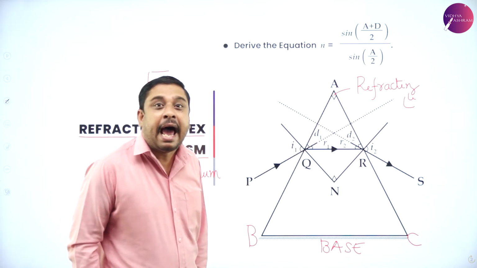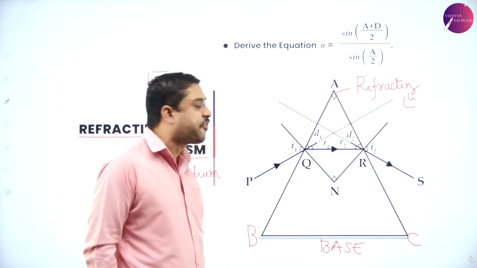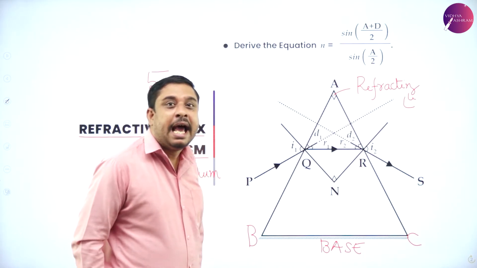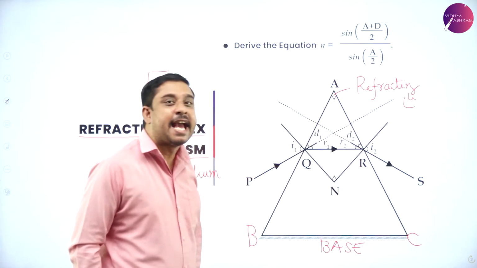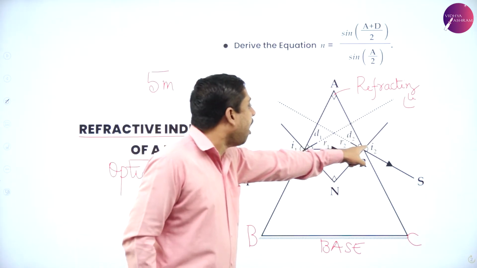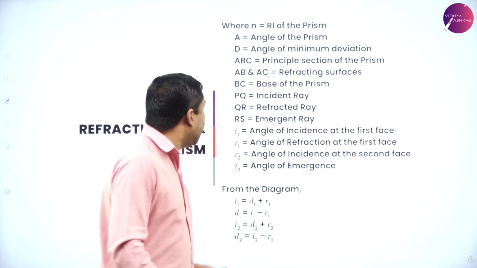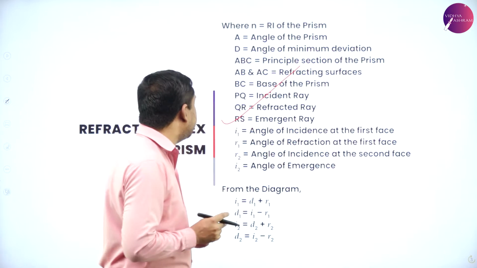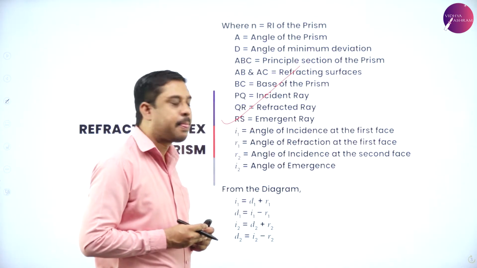R1, angle of refraction for the first surface. R2, angle of incidence for the face AC. And the angle of emergence. And that is what we have described very clearly in this description.